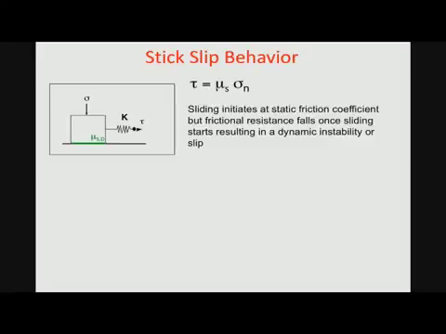As you pull, you have a restoring force with spring constant K. If there are two coefficients of friction, a static coefficient of friction when the block is stable, and the dynamic friction is actually less once it starts moving, then you're going to have an acceleration of the block, or your slip.